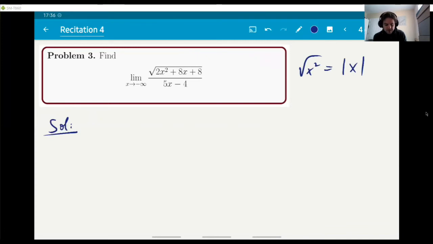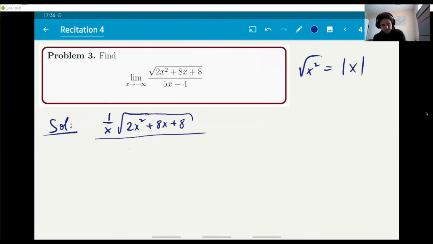The highest x power in the denominator is x to the 1. It's just x. We're going to be dividing by that. There you go.